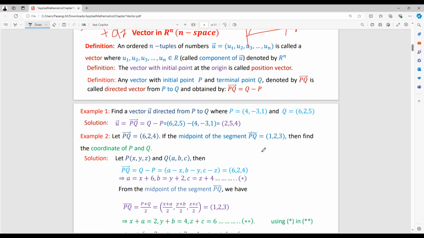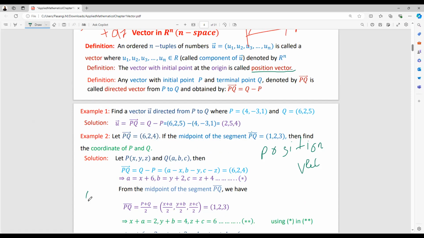Now we are going to learn a few new terms. One is the position vector. Have you heard about this position vector? No. Okay. A position vector means a vector with its initial point at the origin.